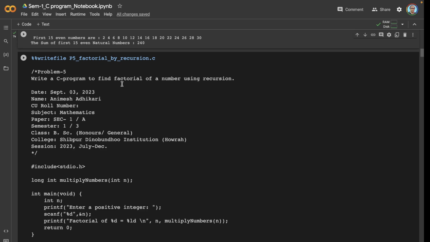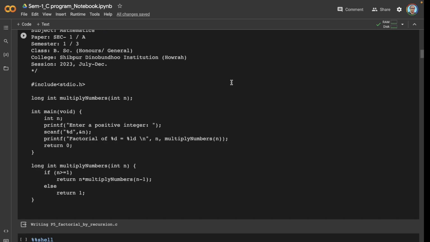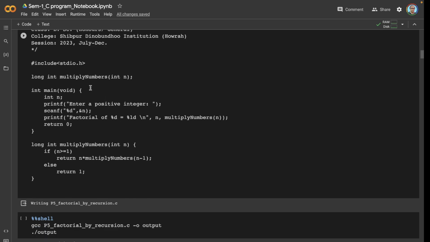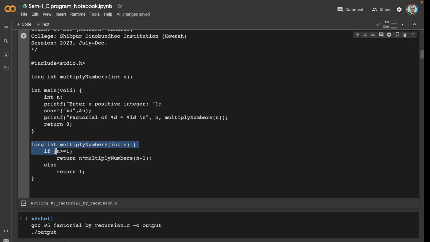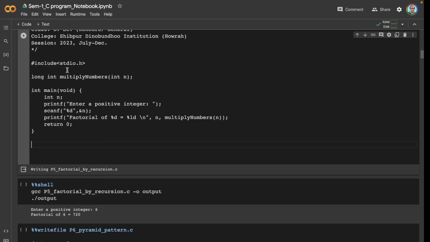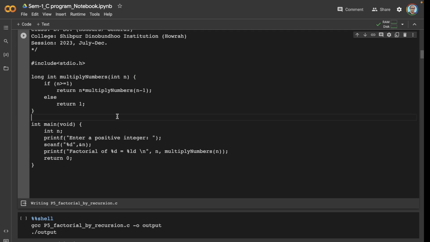Problem 5. Write a C program to find factorial of a number using recursion. So first we define a function, this long integer function, multiply numbers, integer n. This is the function. So long integer function multiply numbers is for recursion.